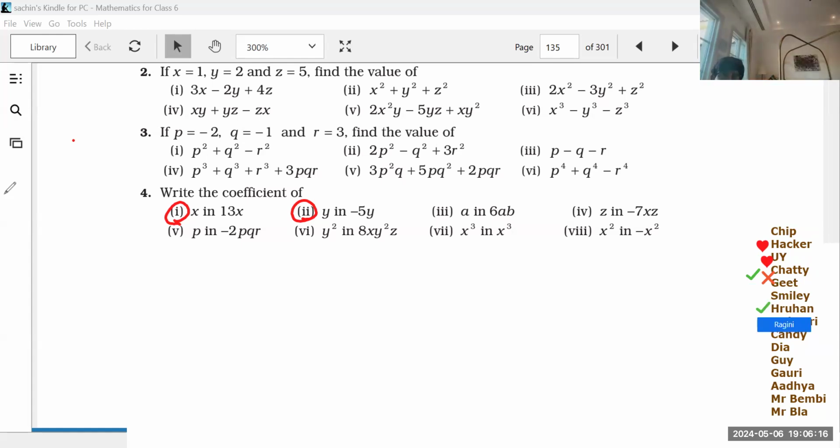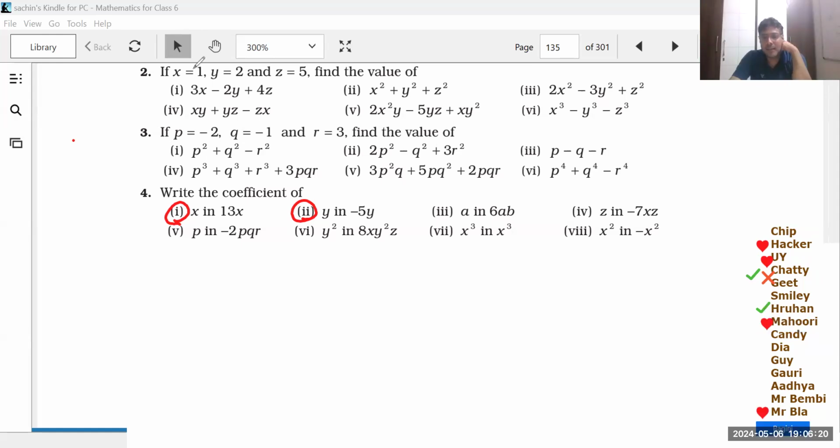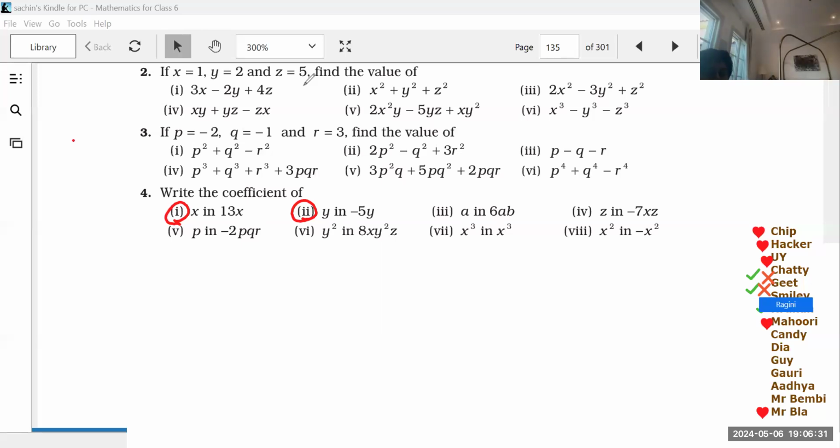Ma'am, please check. Beta, don't speak like this. Some of you, Gauri, Geetal, you sent to me. Sir, can you please show us your room?